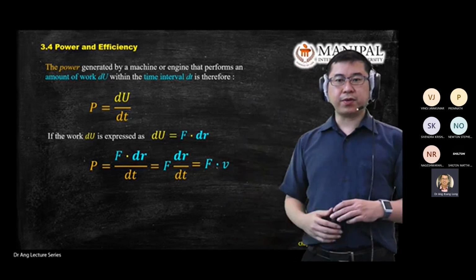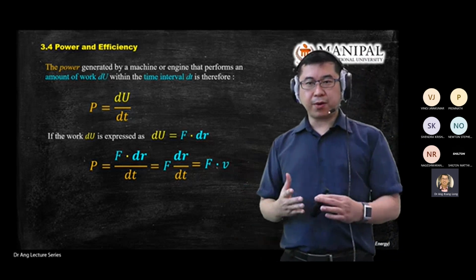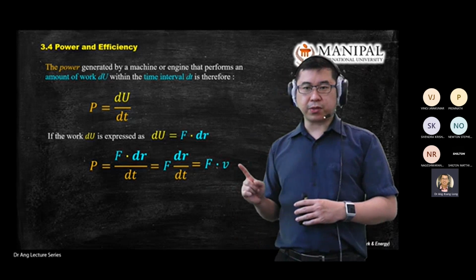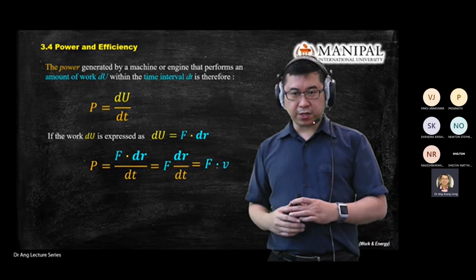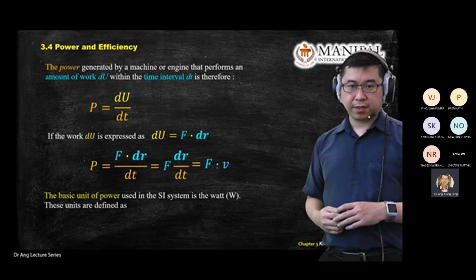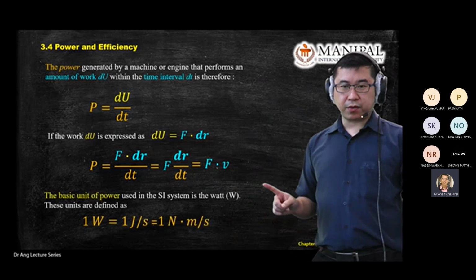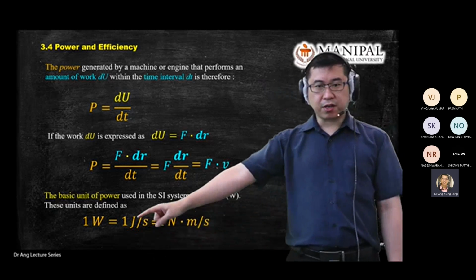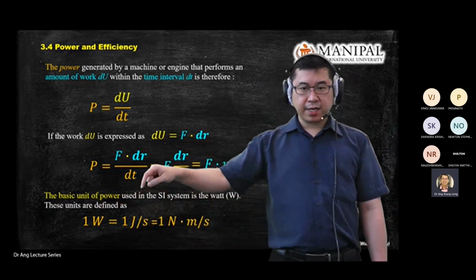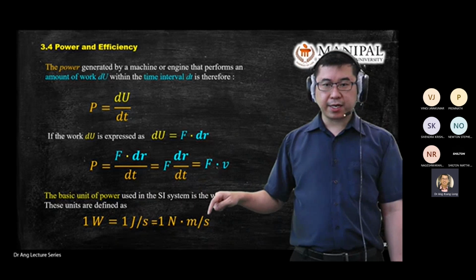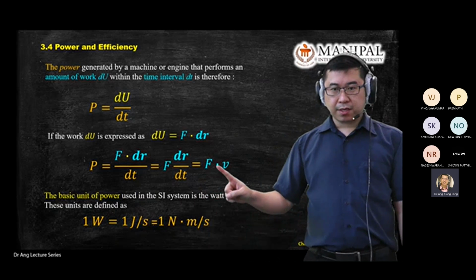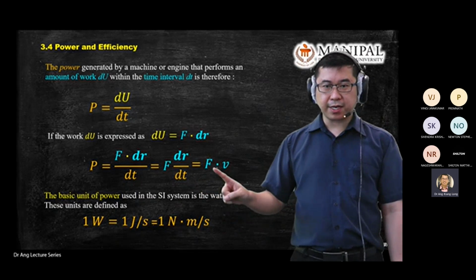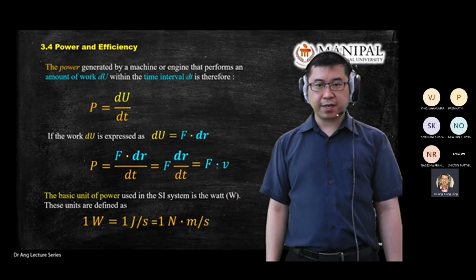So this slide tells you how you get power calculation. Power equals force multiplied by velocity, in the unit of watt. In this second section, there's a conversion between watt and Newton meter per second. Force is Newton, velocity is meter per second.